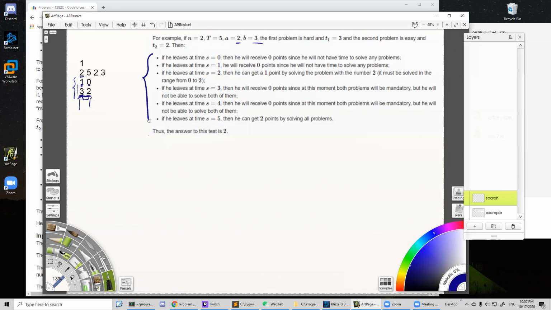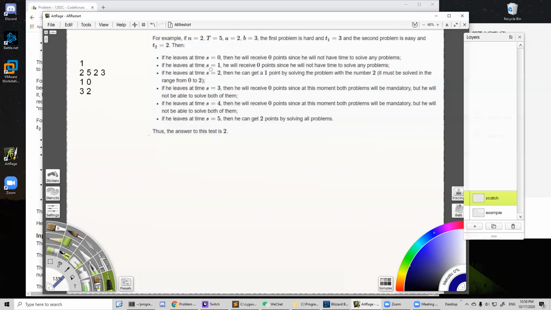And this is the example. You can leave the exam at any point, you can choose any second to leave the exam, right? If you leave at second 0, that means you don't do the exam at all, and you will receive 0 points since you haven't solved any problems, right?